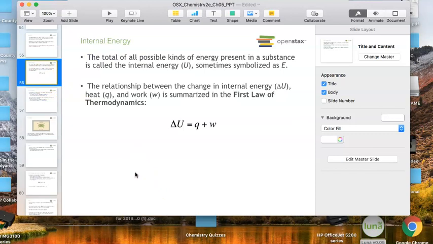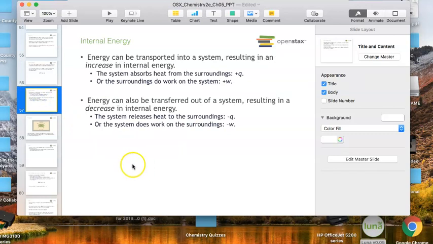Okay, so the total of all possible kinds of energy present in a substance is called the internal energy, sometimes symbolized as E, but most of the time you see it's symbolized as a capital U. The relationship between the change in internal energy, heat, and work is summarized in the first law of thermodynamics. So here we see that the change in the internal energy of a system is equal to the heat plus the work of the system.